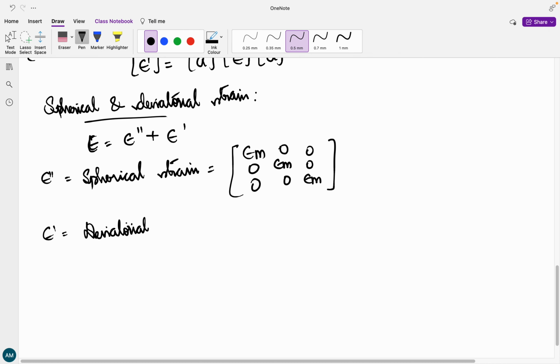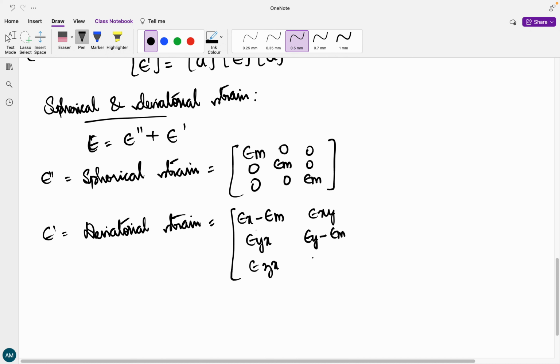And that is epsilon x minus epsilon m, epsilon yx, epsilon zx, epsilon xy, epsilon y minus epsilon m, epsilon zy, epsilon xz, epsilon yz, epsilon z minus epsilon m.